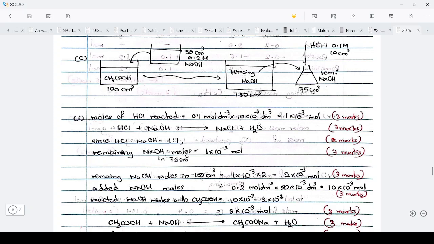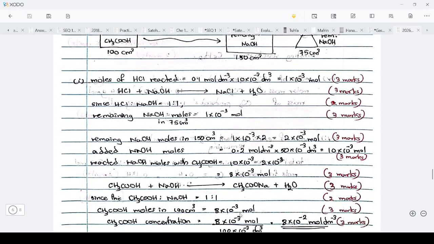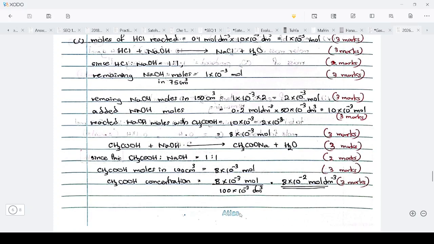This is the NaOH remaining in 75, and you work out the amount in 150, then the added NaOH and the reacted NaOH. You can find what reacted with acetic acid, then write the acetic acid reaction, same flow.